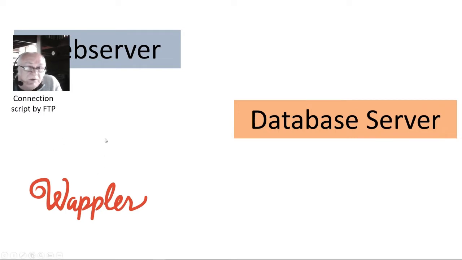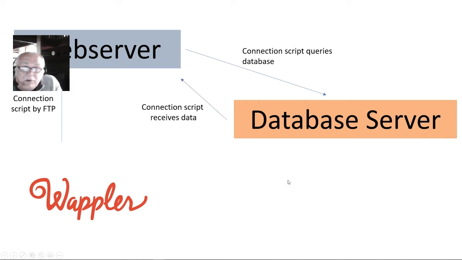What it does firstly is it connects through FTP through to your web server, uploads some scripts which deal with all of the connections, and then those scripts link through to the database server. And then after those scripts have retrieved the information that's needed, that's fed back to the web server, and when we're using Wappler itself, it returns that to the web server as a JSON response.